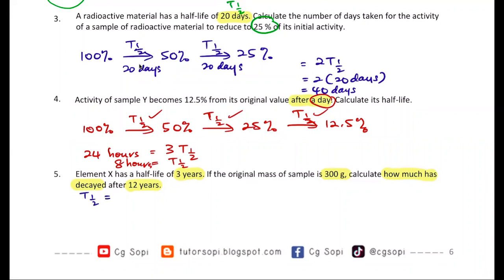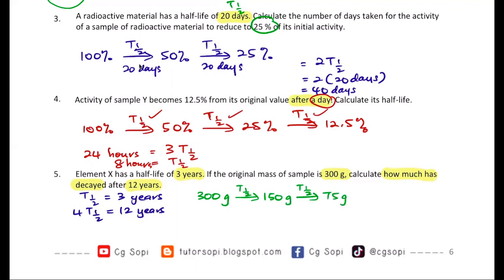One half-life is equals to 3 years. Okay. So 12 years means 4 times half-life. So you have to divide that value 4 times. So we start from 300 grams. One half-life is 150 grams. Another half-life, 75 grams.